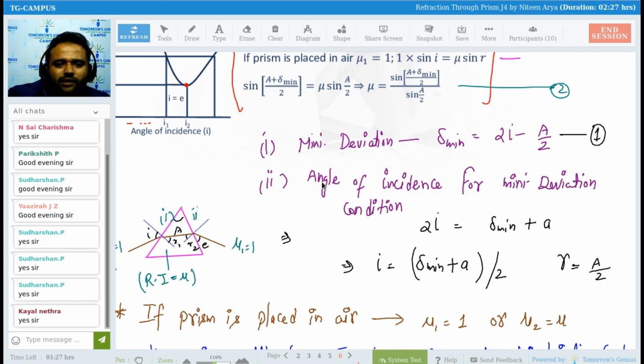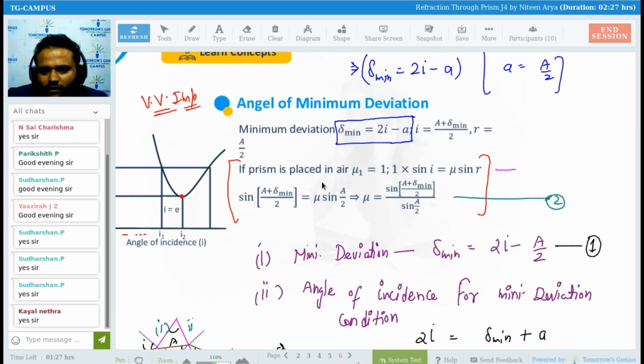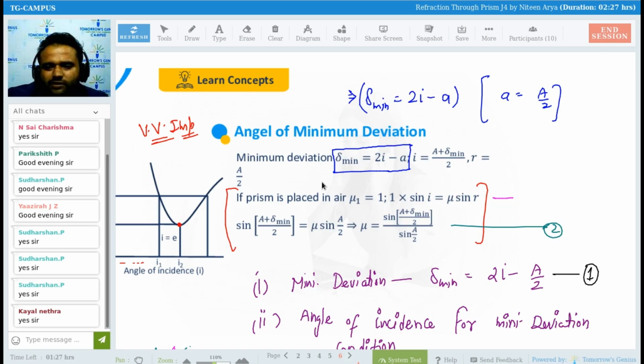Instead of small a, it is going to be capital A. Okay, and here as well, instead of small a, you can put A. Simple. You don't need this.